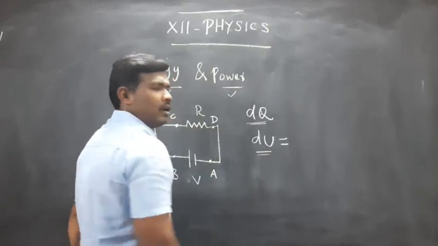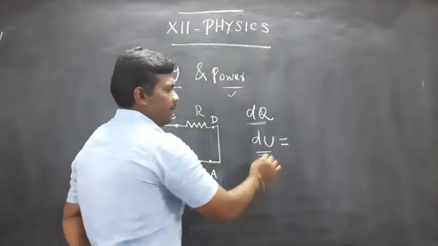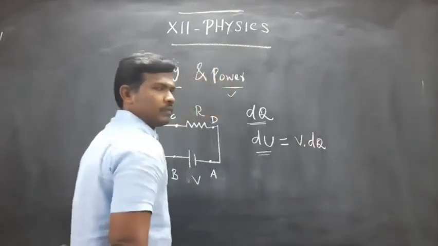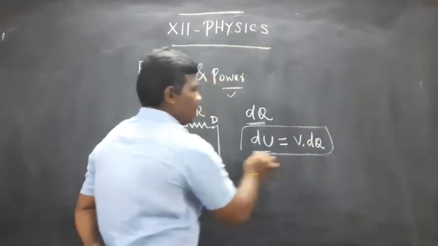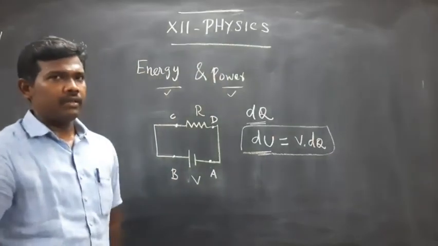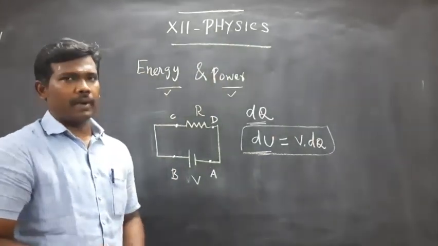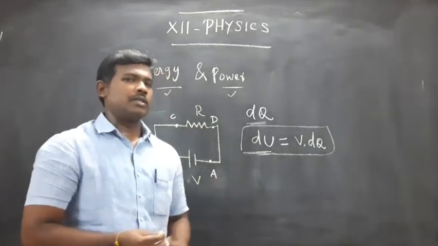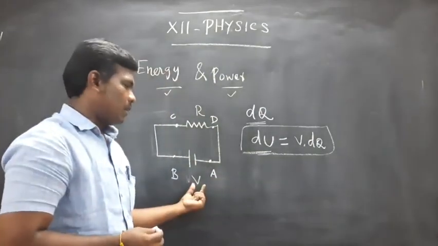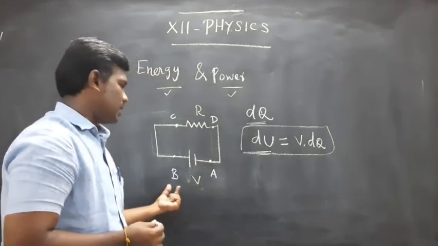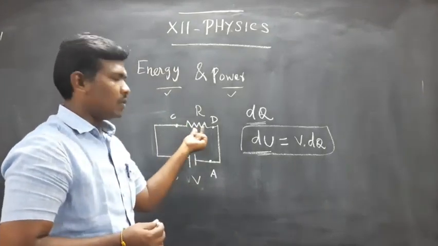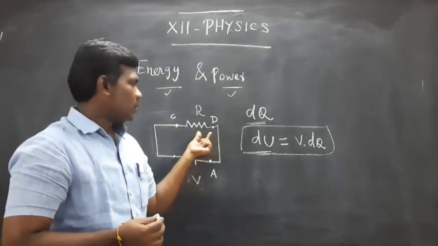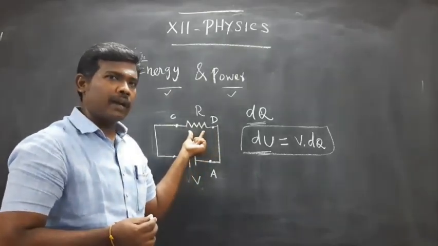This is the equation for energy, V multiplied by dQ. This is the formula for calculating the energy supplied from the power supply, or carried by the charged particles. That much energy is carried by the charges and flows to the resistor between C and D. At this point we have fixed the resistor.